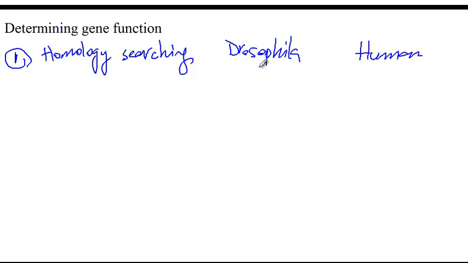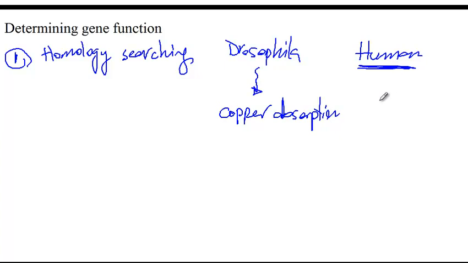Let's say that we isolate a gene in Drosophila whose function we find out is copper absorption. Then we use computer devices to see what gene in human has a similar sequence. And we find out that gene X, for instance, has 60% of its sequence similar to the gene in Drosophila that is required for copper absorption.